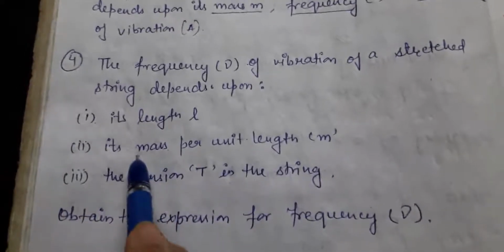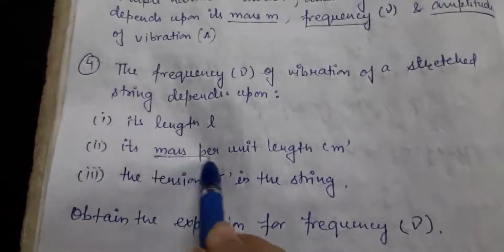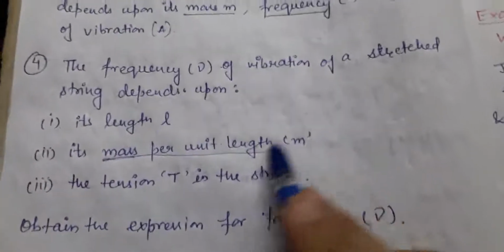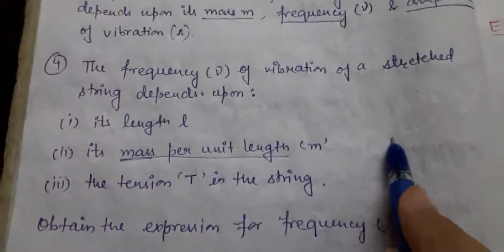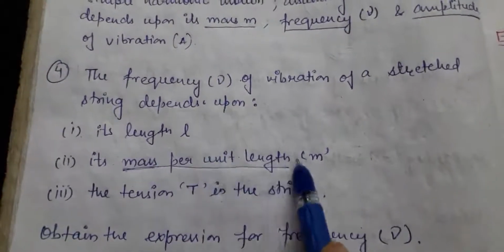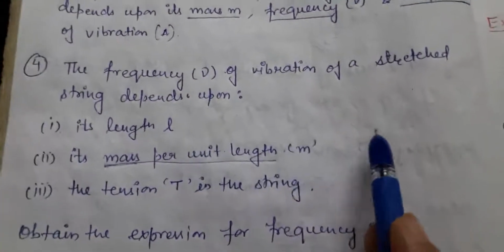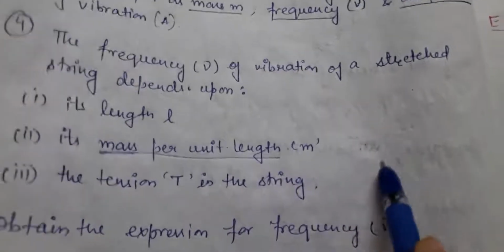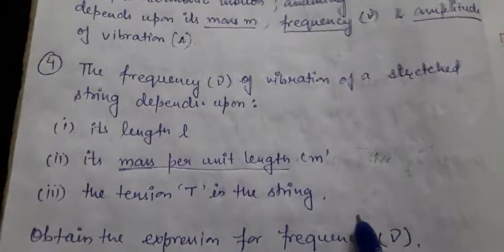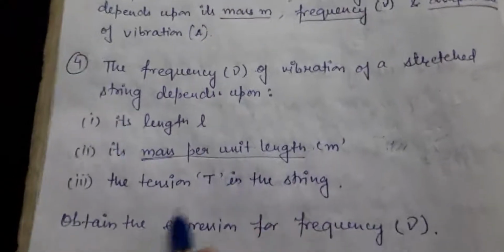This time it is not just a mass, it is mass per unit length. So if you write the dimensional formula as M, it will be wrong. The dimensional formula will be mass upon length, so it becomes M L to the power minus 1. Just take care while solving the question.